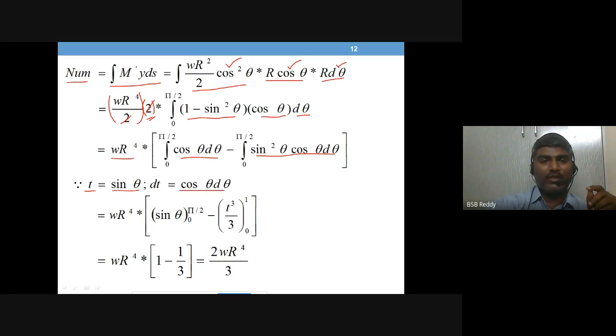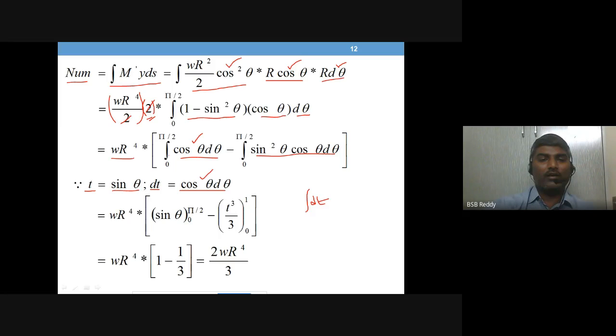So in place of sine theta, you are able to write t. In place of cos theta d theta, you are able to write dt. So this first term, what can you replace here? Integral. What is cos theta d theta? It is simply dt.